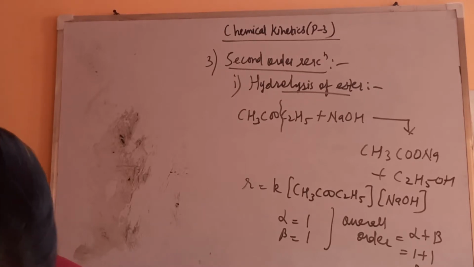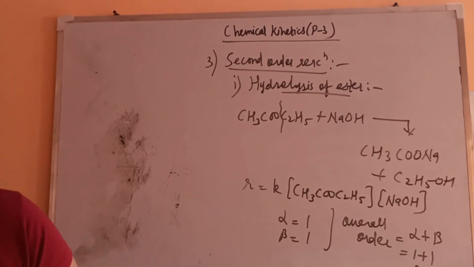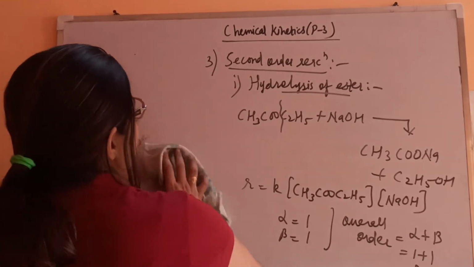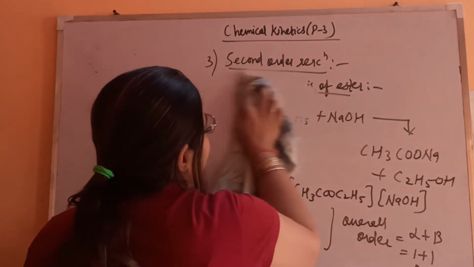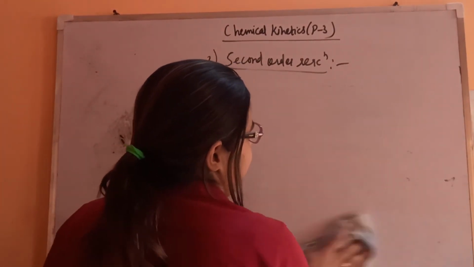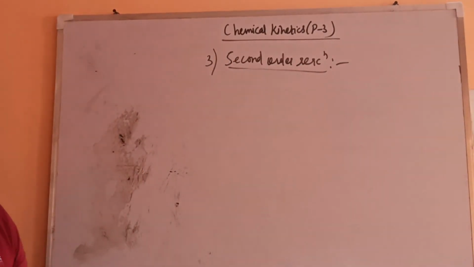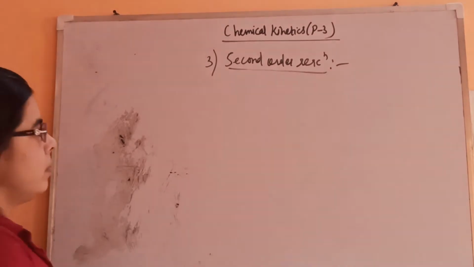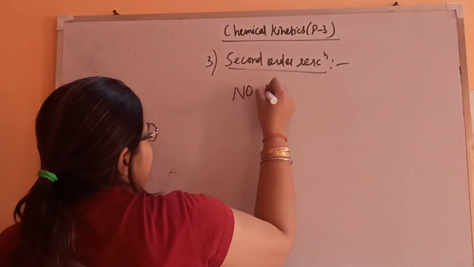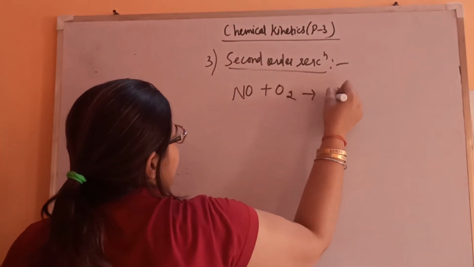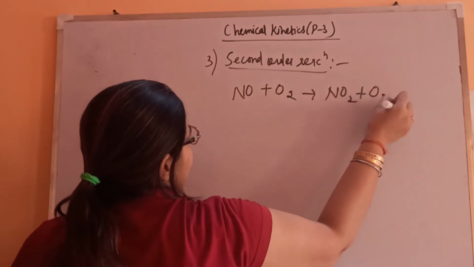Let's see the next one. Reaction between NO and O2, nitric oxide and oxygen, gives you NO2 plus O2.